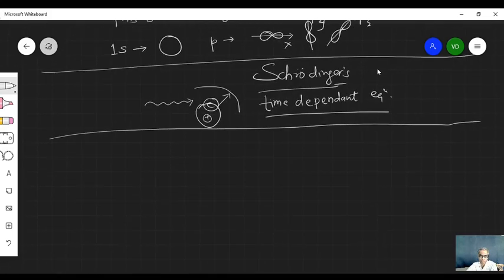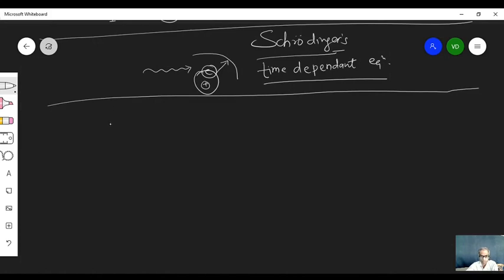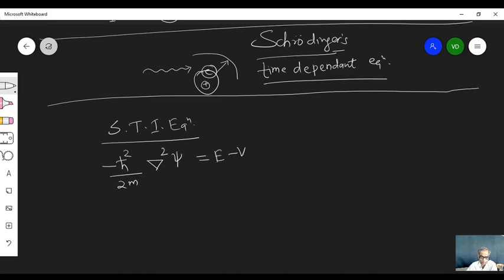So for the time dependent equation, we start with the Schrodinger time independent equation, and that is given by minus h cross square upon 2m del square psi equals E minus V psi.